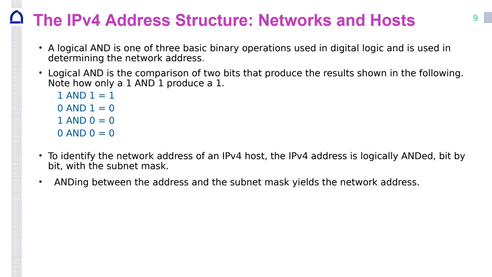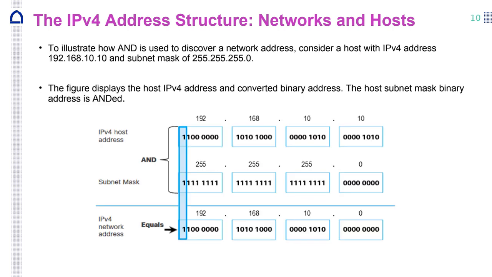All zeros except if you have 1 and 1. It's like multiplication. So here, this is my host, this is my subnet mask, and this is my network address, 192.168.10.0. This is how we got it. First, you convert it to binary, then you do ANDing.